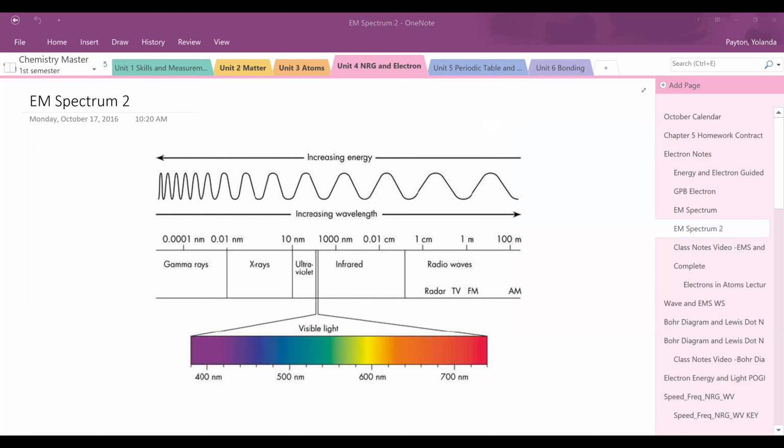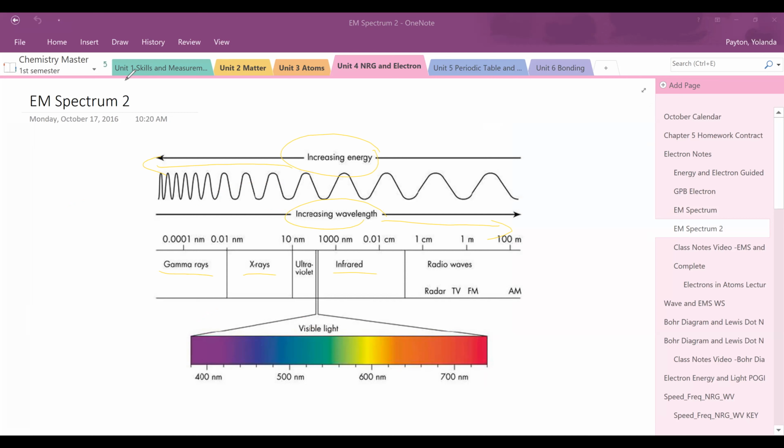It's saying increasing wavelength. However, this time it's saying that wavelength is increasing going this way, okay? And energy is increasing going this way. Now, let me tell you why that's important. You just have to read it, okay? It's important because when I start asking you about stuff on the spectrum, which we're about to talk about, which means like gamma rays, X-rays, and infrared and all that stuff, okay?